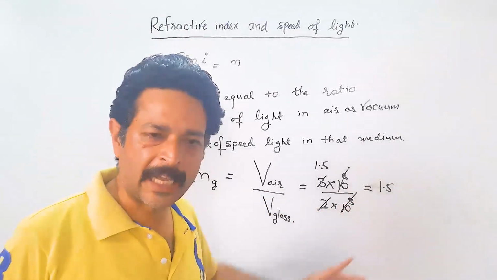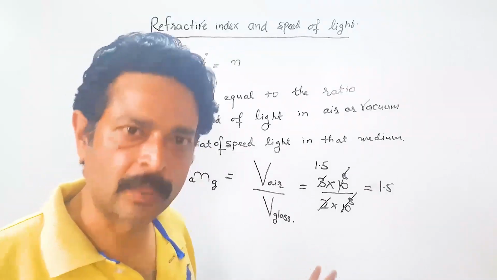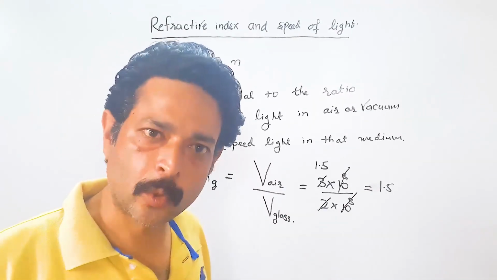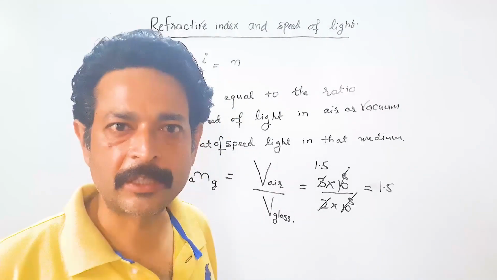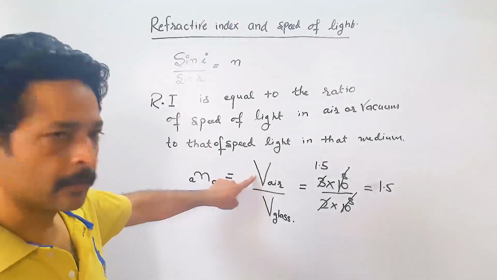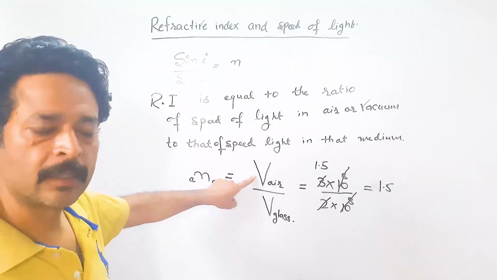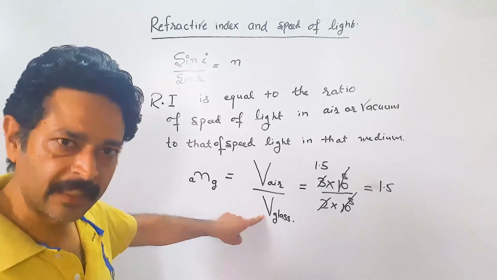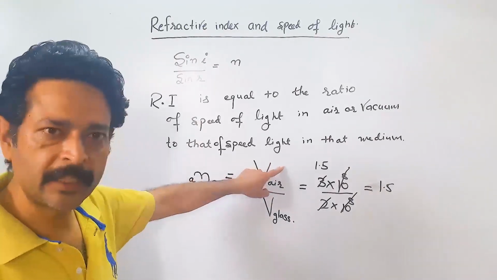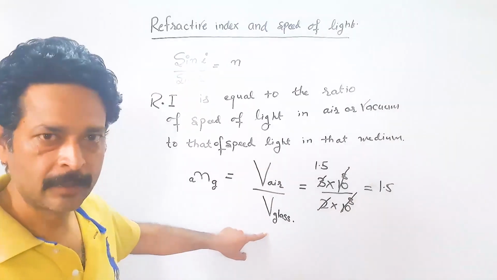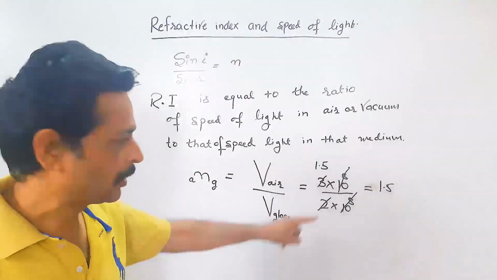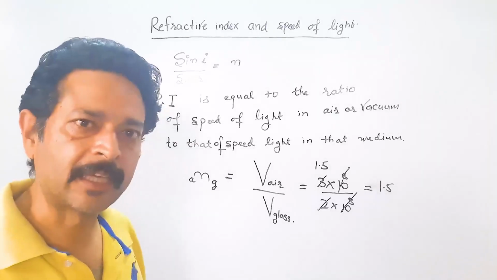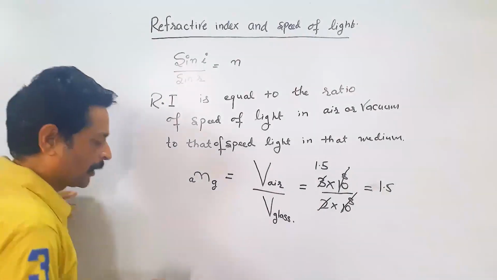Refractive index has no units, because refractive index is a ratio of two same physical quantities. This is speed of light in air over speed of light in glass. Numerator is also speed, denominator is also speed. So their units will cancel out and there will be no units of refractive index. Look here.